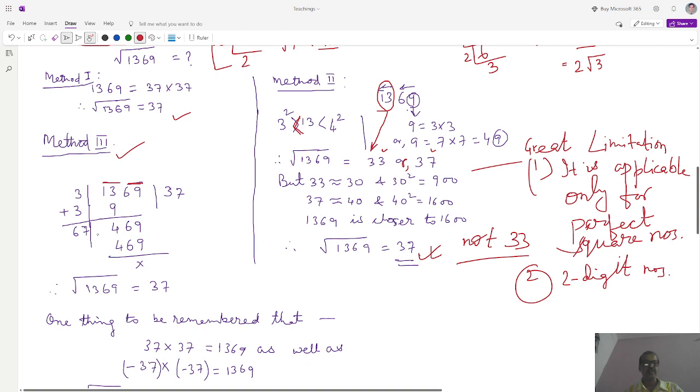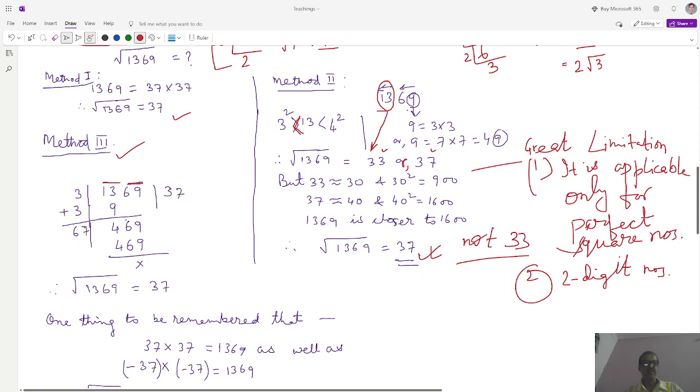I am seeing that 7, if we put 7, then 67 into 7 will come 469. If we put here 6, then we have to put 6 here also, and multiply 66 into 6. If we put here 8, then we have to put 8 here also, and multiply 68 by 8.